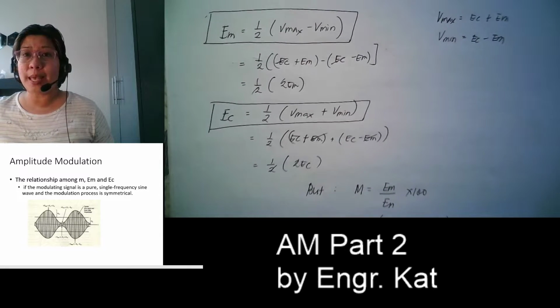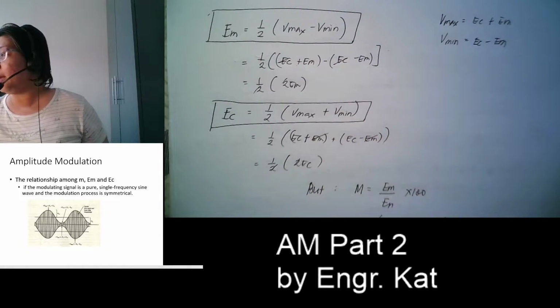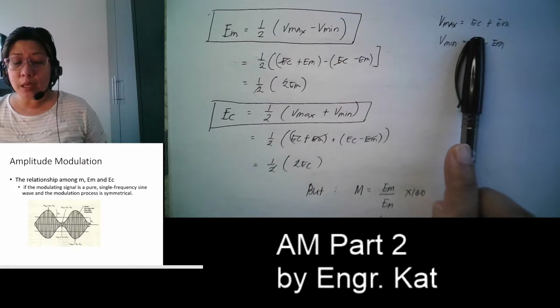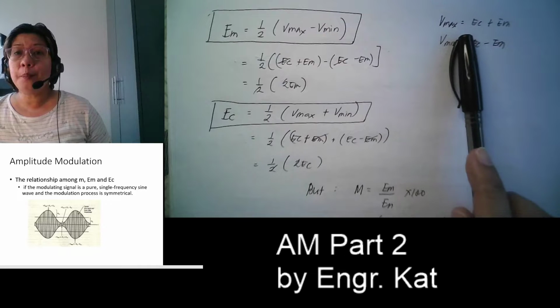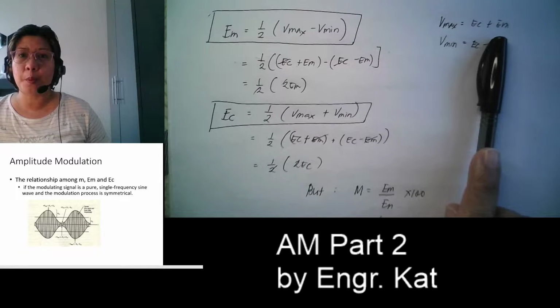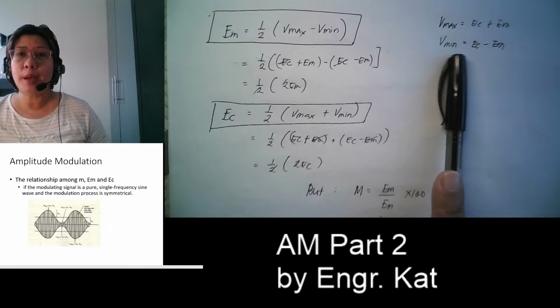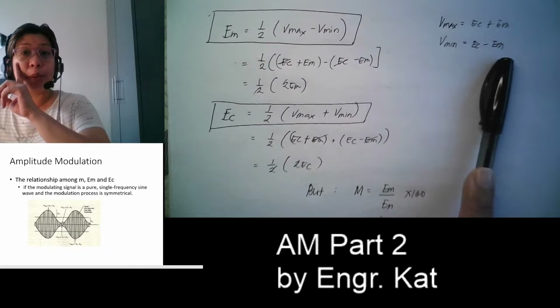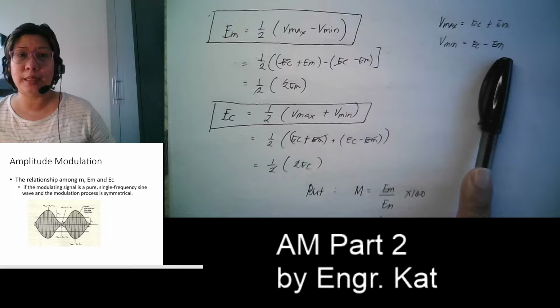We said a while ago that your Vmax is equivalent to the peak amplitude of your carrier plus the peak amplitude of your modulating signal, while your Vmin is the peak amplitude of your carrier minus the peak amplitude of your modulating signal.